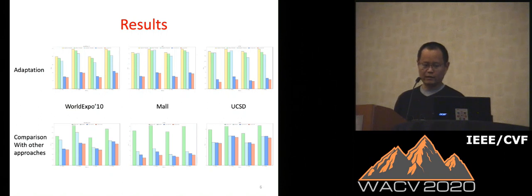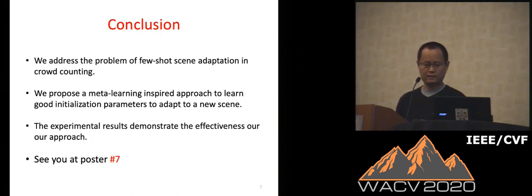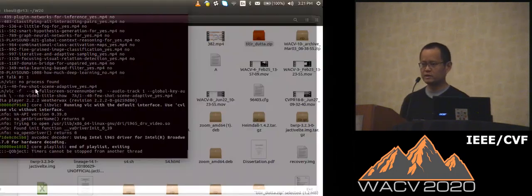In our experiments, we tried several different datasets, and we trained on some datasets and tested on others to ensure that our model is generalizable. In conclusion, we propose few-shot scene adaptation for crowd counting, and a meta-learning approach for solving it, and we show that it achieves better performance than all the other alternatives. If you are interested, welcome to our poster.